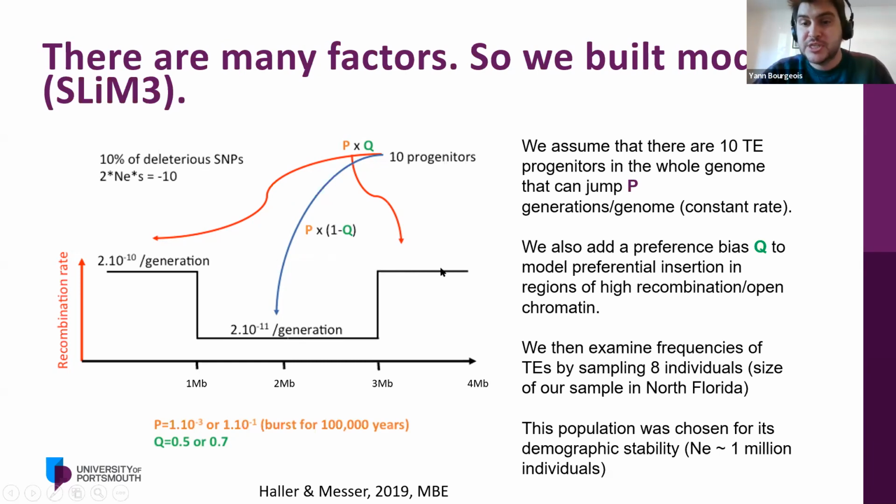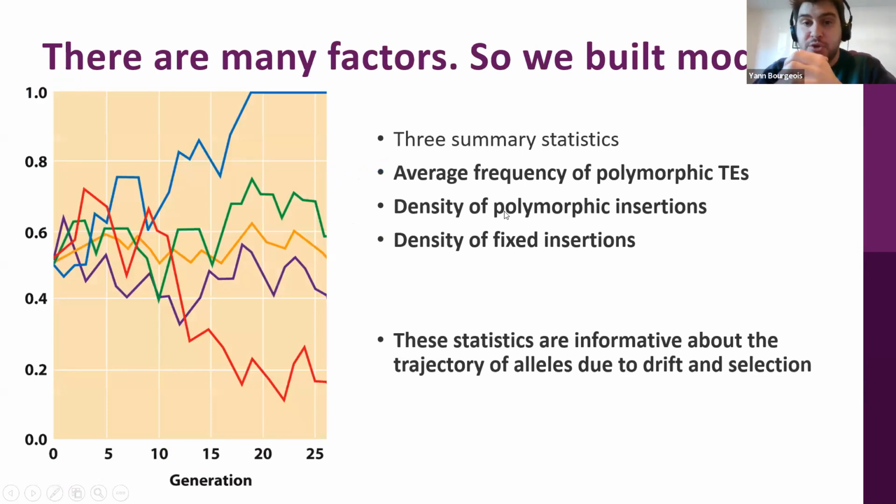So we generated the expectation for 3 main statistics: the average frequency of polymorphic TEs, so how many TEs do we have that are polymorphic in genomic windows of 1 megabase, how many polymorphic insertions we find in the same regions, and how many insertions we observe that are fixed in the same regions in the population.